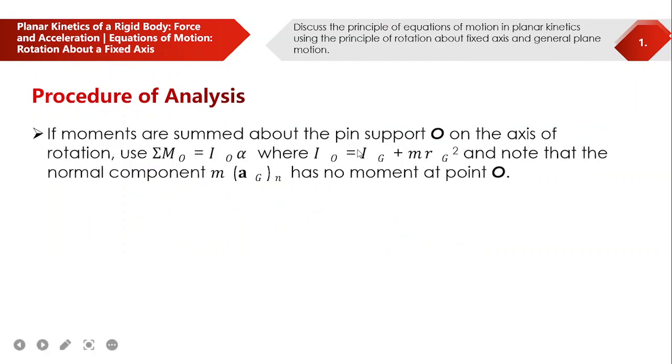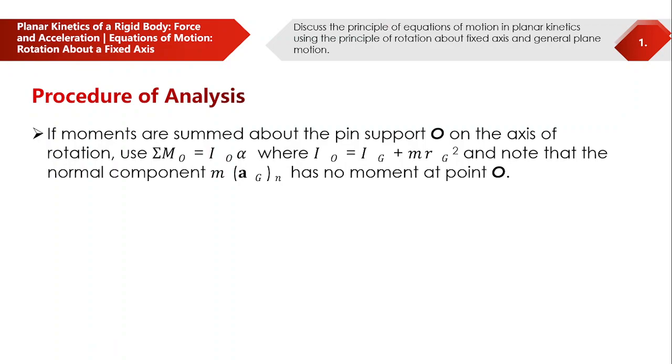So if moments are summed about the pin support O on the axis of rotation, use the summation of moments at point O is equal to I sub O times alpha, where I sub O is equal to I sub G plus m r sub G squared. Note that the normal component has no moment at point O because its line of action passes through point O, so there is no m times a sub G sub n.